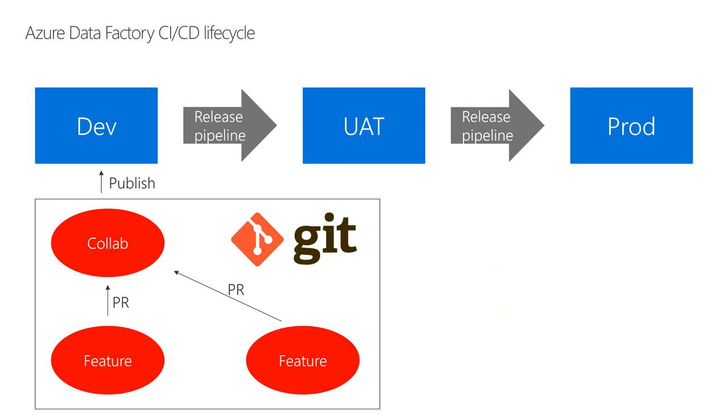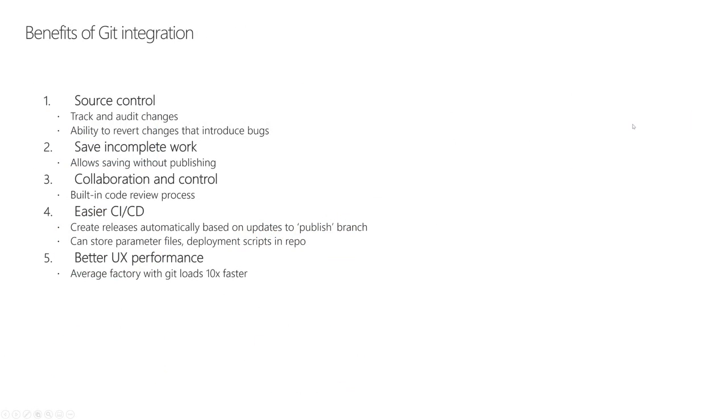The Git environment works with the collaboration branches. The collaboration branches publish. The dev environment does the unit test. Then it moves through the pipeline to the test environment, passes all of those tests, and then gets pushed into production. That is the life cycle that we implement from a CI/CD perspective with Data Factory.